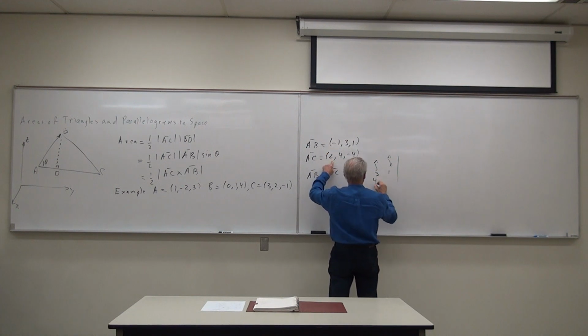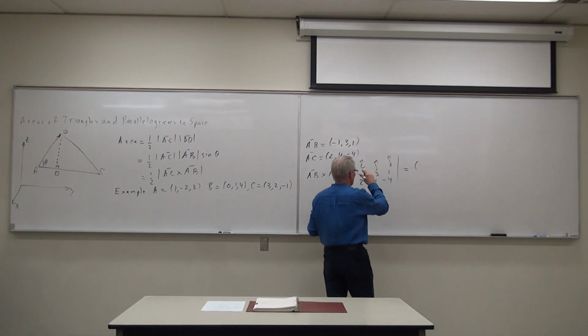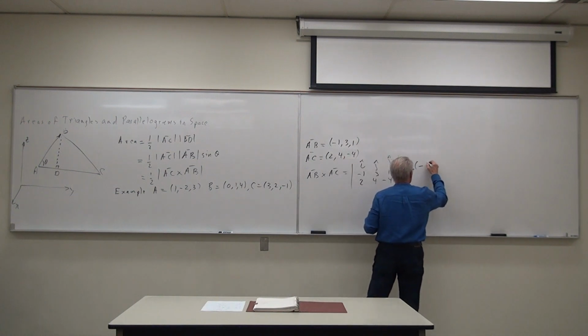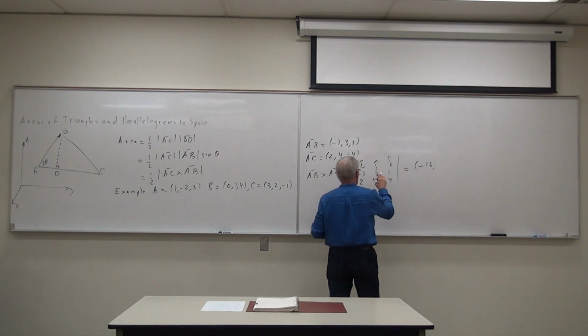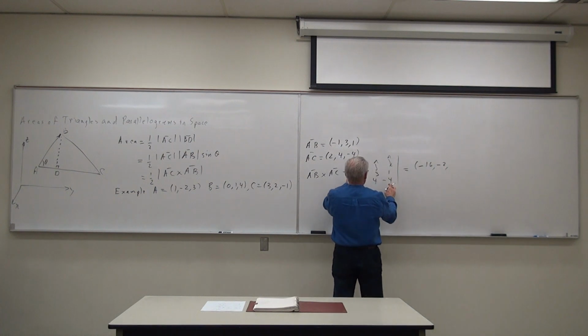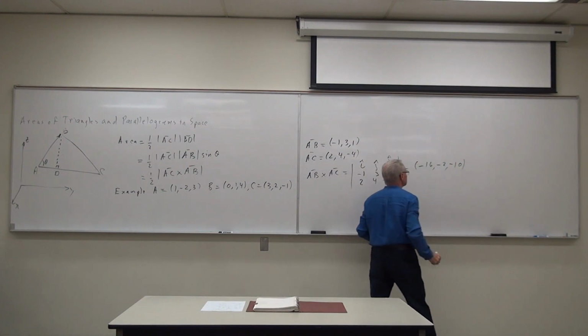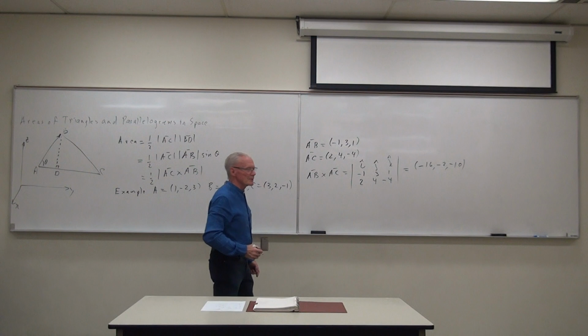AC, 2, 4, and -4. Equals X component, -16. Y component, -2. Check that again. That one minus that one. Okay. And the Z component, -4, -6, -10. So there's the cross product of those 2 vectors.